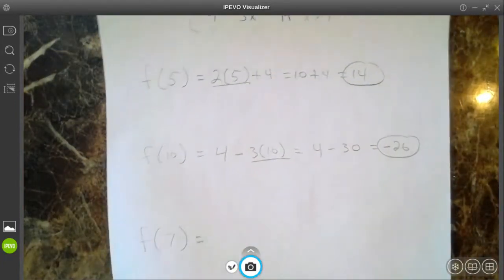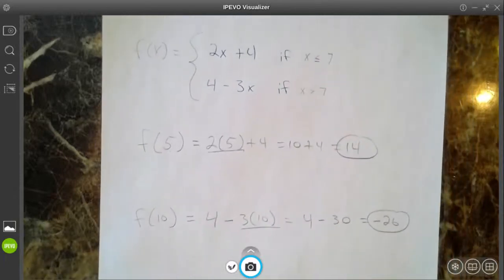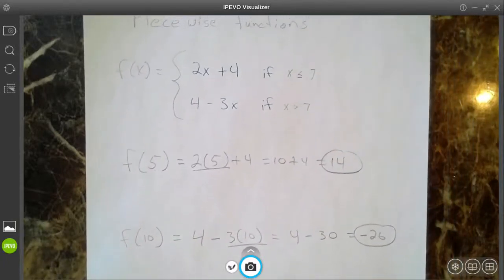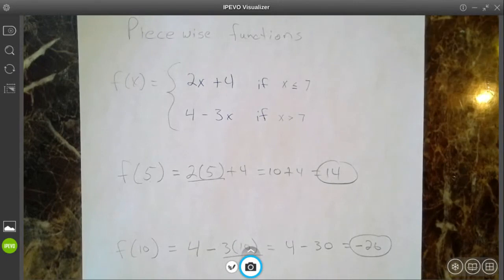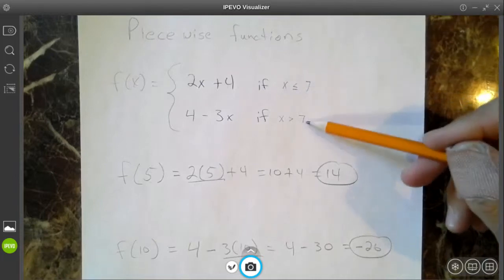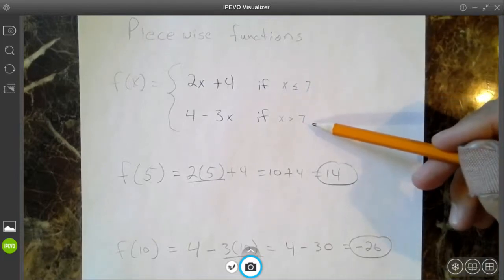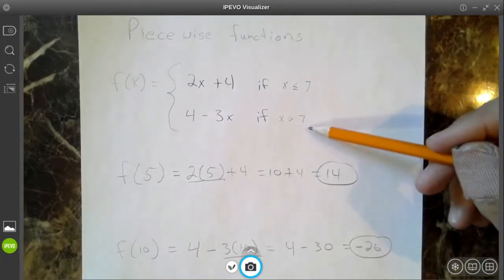A lot of times, like in calculus, this is something my nephew just recently asked me, they were trying to determine whether a function like this is continuous or not. One of the things they have to look for is where the two intervals meet up with each other. They meet up at 7.